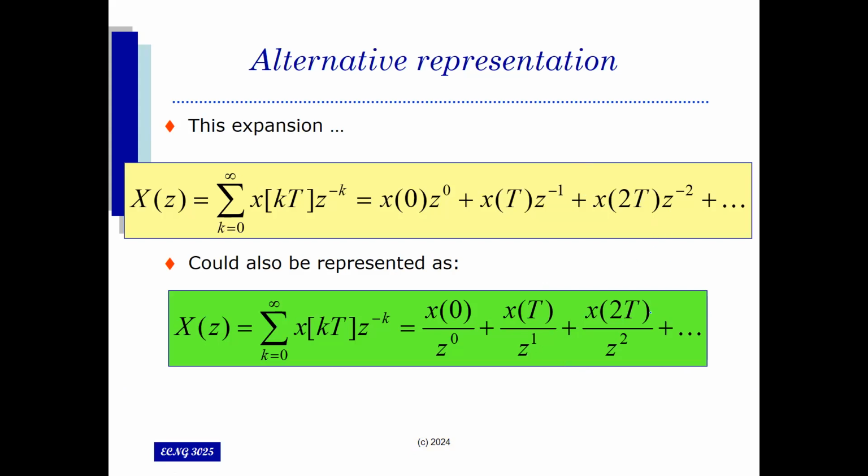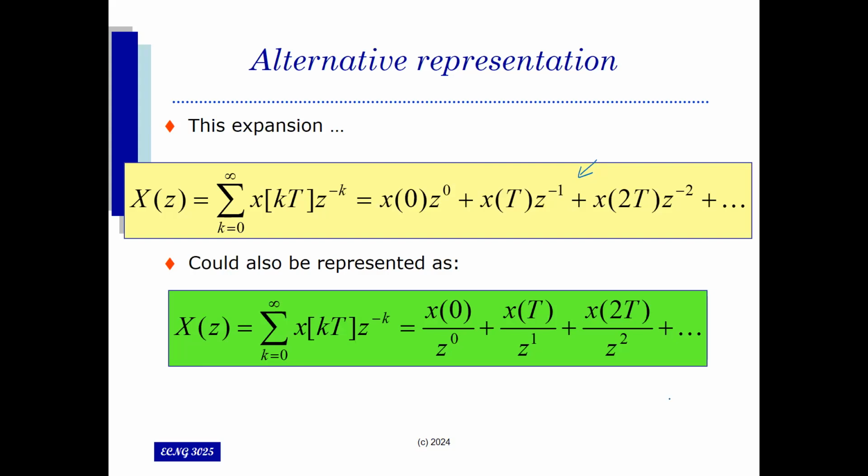z to the power minus 2 is 1 over z squared. We prefer it in this form, and you will see why a little bit later on. That is the form that is used predominantly in electrical engineering, specifically in signal processing, and also in things like discrete controls as well.